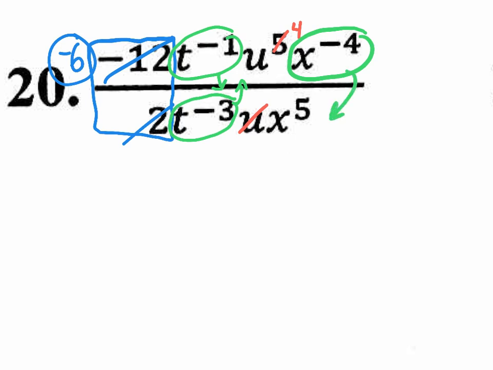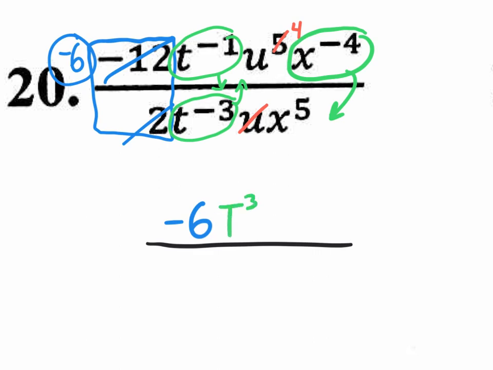Now, it's already getting really ugly, so let's rewrite what we have. We have this fraction. What's left up on top? Negative 6. Okay, so let's write that. We have a negative 6 up there. And after the coefficients, we dealt with t's, and we ended up switching them. So we end up with a t to the 3 up on top.